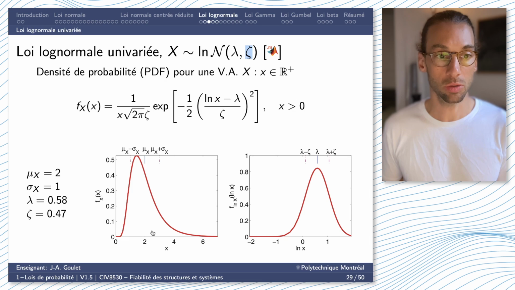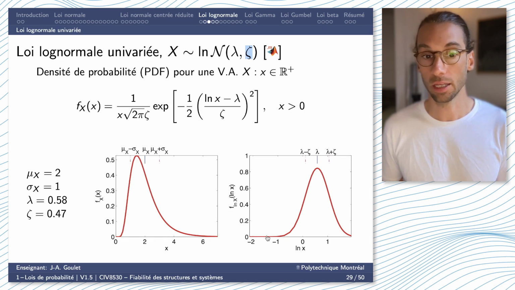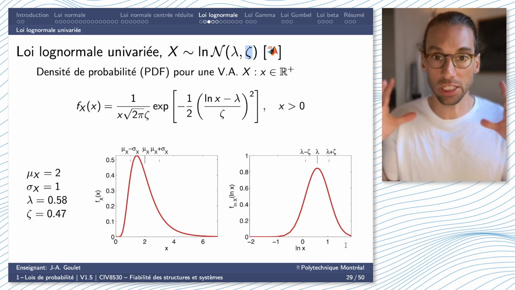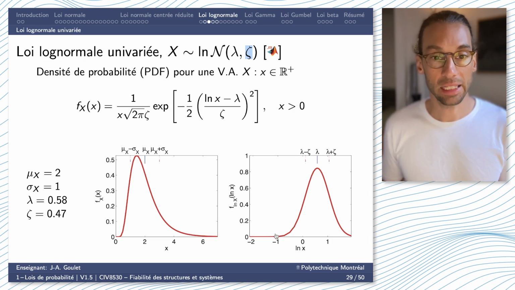So the mean is 2, the standard deviation is 1, and you can see that it's only defined for positive values. We see mu x, mu x minus sigma, mu x plus sigma. But this is defined from the parameters lambda and zeta, which represent, if we take this axis x and take the log of x, this space here. We just change the scale, and in that case this is now a normal distribution.